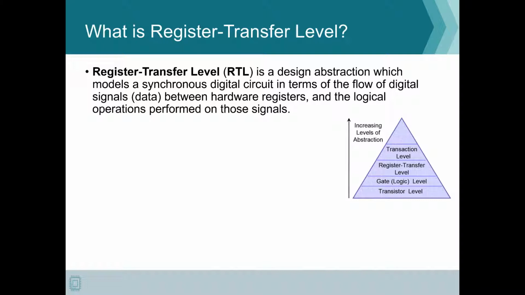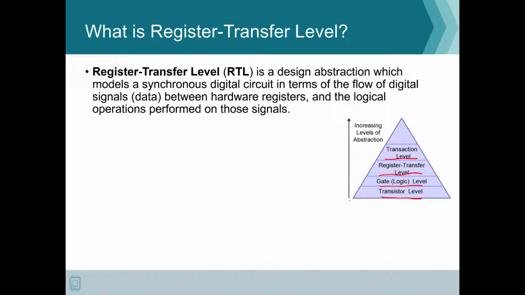So here is our level of abstraction. Whenever we try to design digital circuits, we can go from, let's say, designing circuits at a transistor level, then make gates out of transistors, and then we can do RTL or register transfer level, and then go up into transaction level.